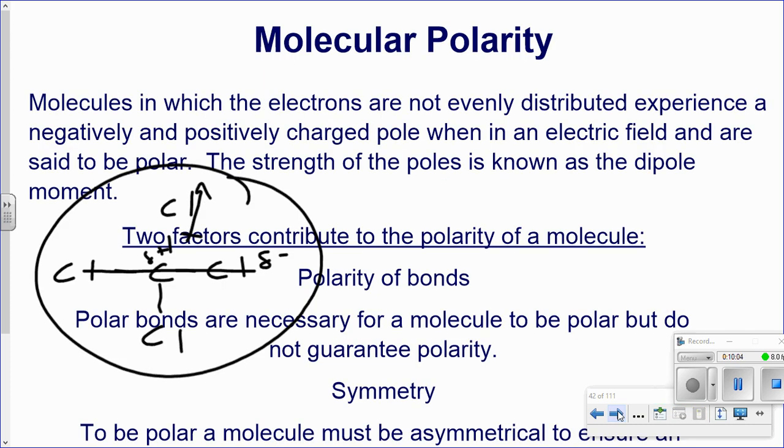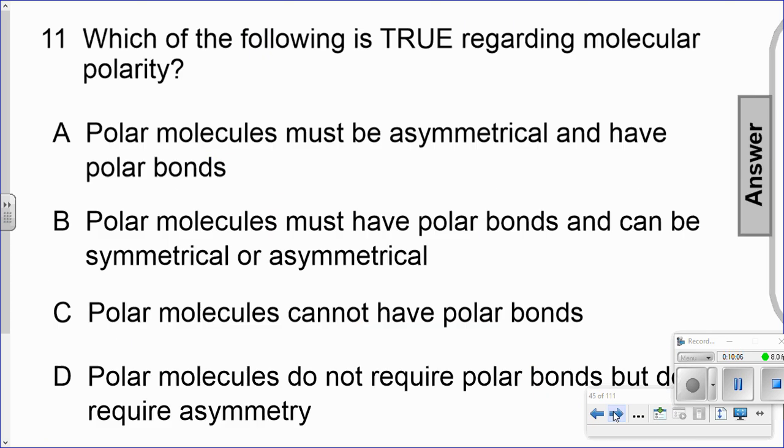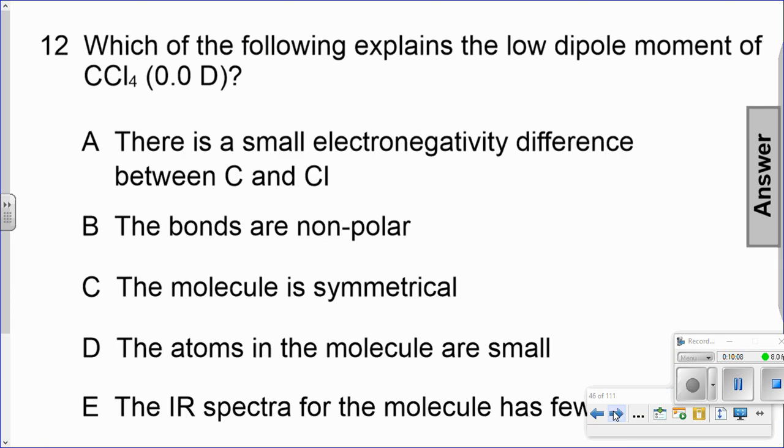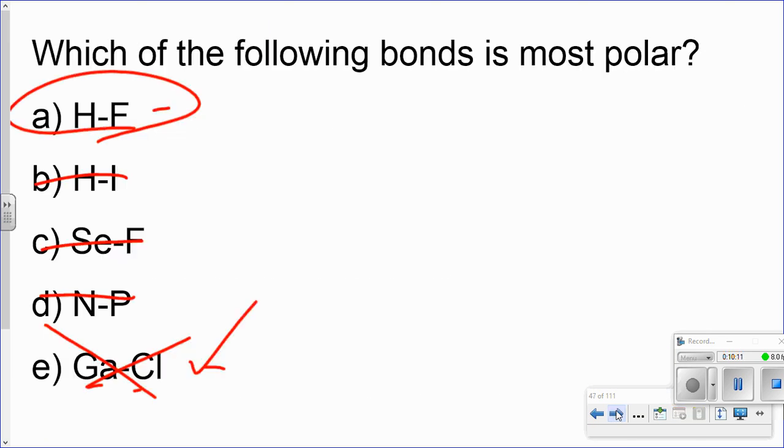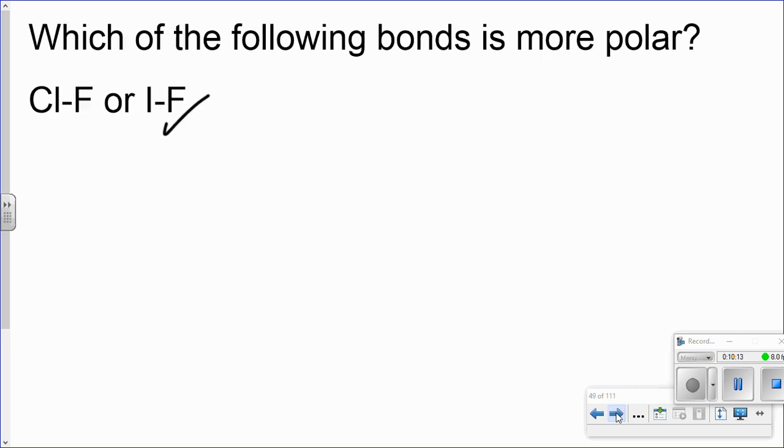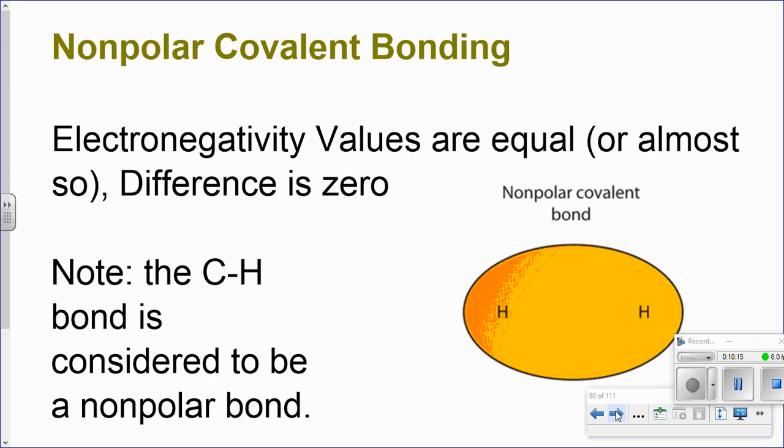And the last thing I want to talk about in this video is nonpolar covalent bonds, which is right here. With nonpolar covalent bonds, we're going to have electronegativity differences of 0.3 or less. The easiest thing to consider with this is the pure elements like H2, Br2, O2, N2, all those types of things.